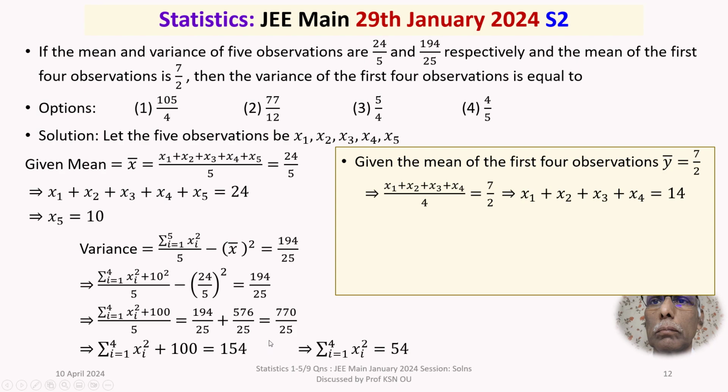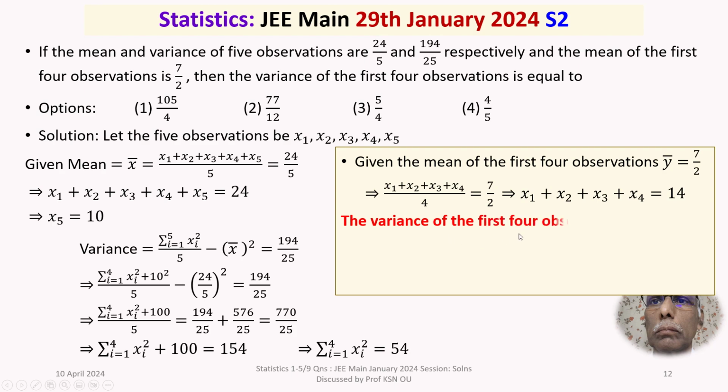Agreed. So we get sigma i equals 1 to 4 xi square is 154 minus 100, that is 54. Agreed. Now what we want is the variance of the first 4 observations.